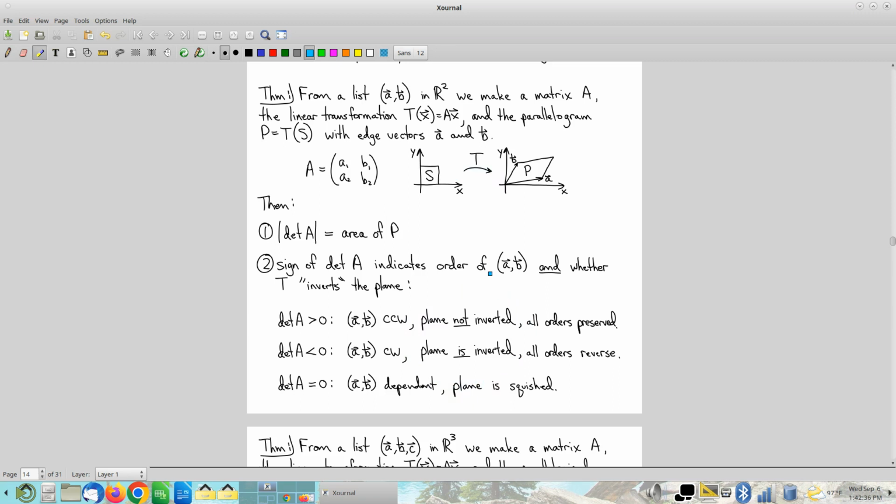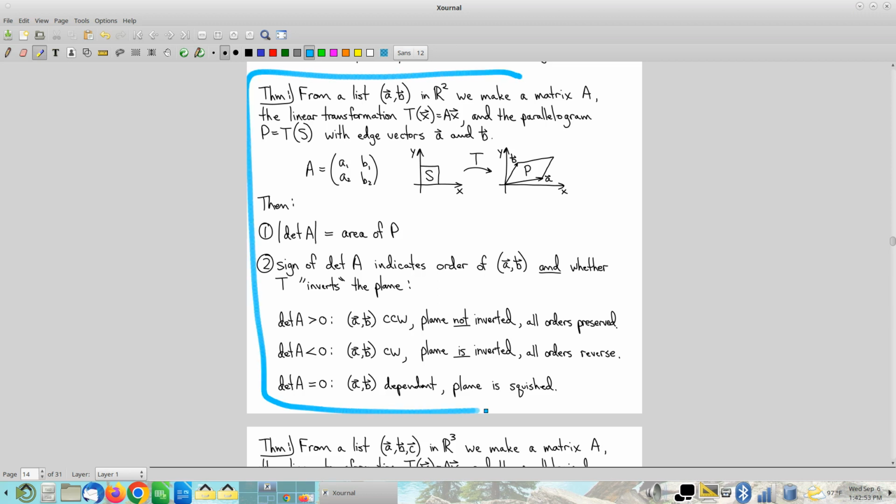Now we're going to move on and talk about the three-dimensional version of this theorem, and here's the good news. It's the same. I mean, not exactly the same. It's three-dimensional instead of two-dimensional, but it's so close to the same that if you were to take this theorem here and just speculate, wild guess, you'd probably guess we'd be talking about three vectors in R3 instead of two vectors in R2.